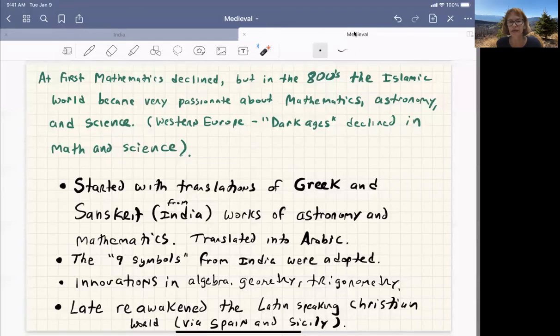And so during this period in Western Europe, the study of science declined. And so while it's becoming important in the Islamic world, it's becoming less important in Western Europe. And so basically, it was during this time period that mathematics and science in general continued to grow.